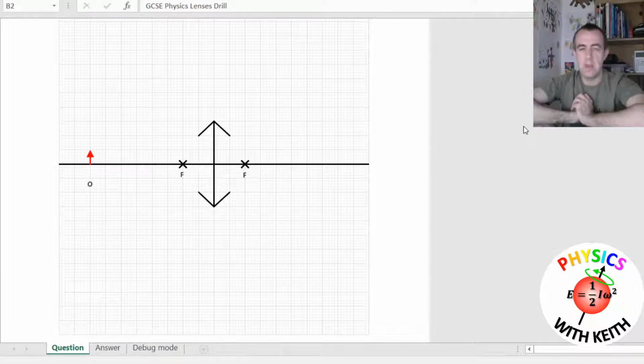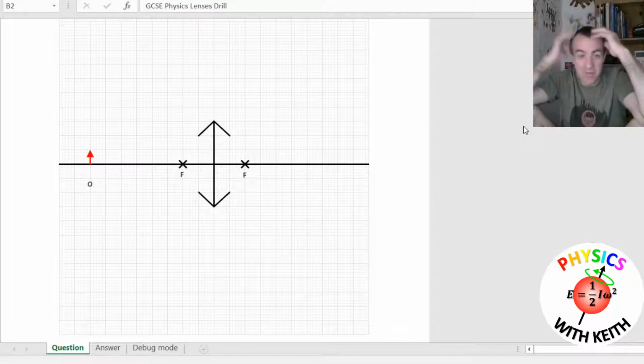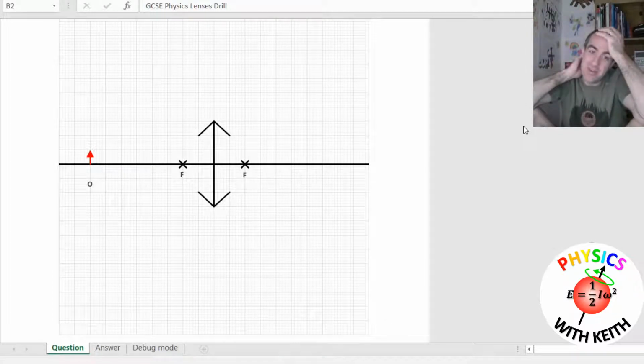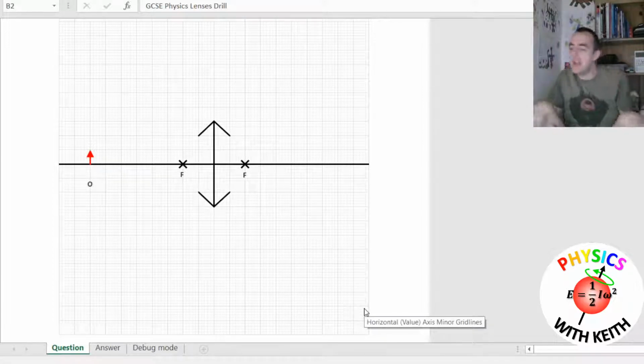In fact, this one might be a little bit too small for you to draw, but do your best. You might have to scale this one a bit vertically. So 2 centimeters to the focal point, 2 centimeters to the focal point, 1, 2, 3, 4, 5, 6 centimeters to the object. Then draw your 3 principal rays.